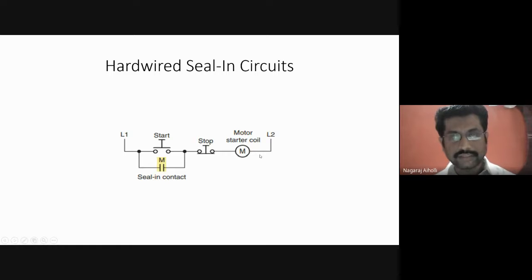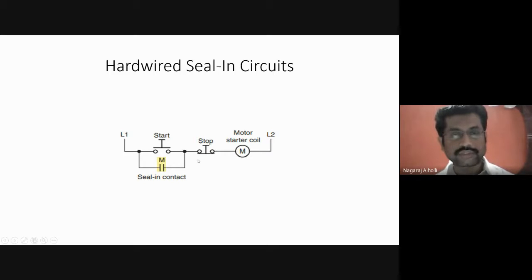Suppose the motor starter coil has to be energized. Which switches should be in the energized position, or which conditions should be true, so that the rung becomes true? Is only the start button necessary to turn on the motor, or only the stop button, or are both start and stop necessary? Here, the start button and the stop button are connected in series.